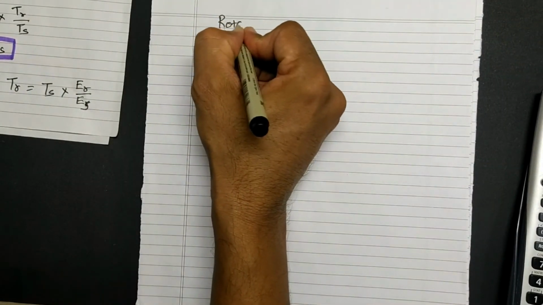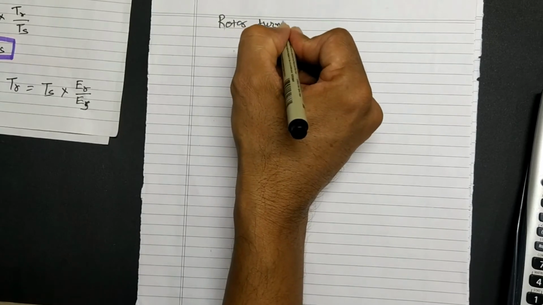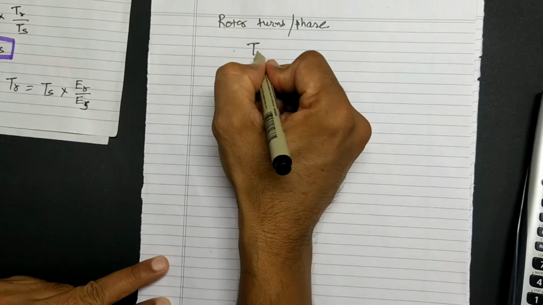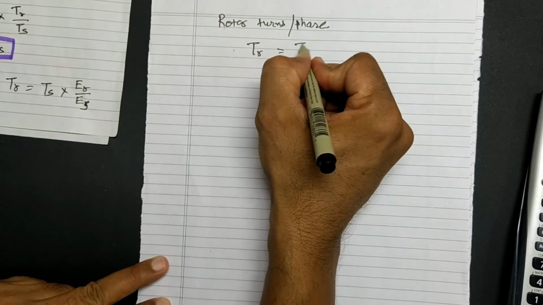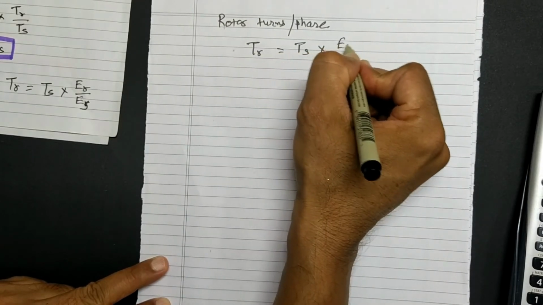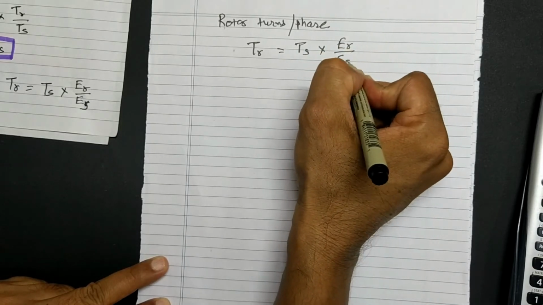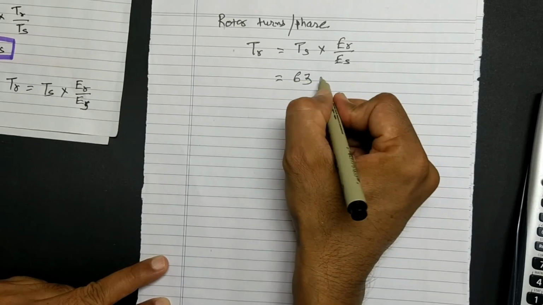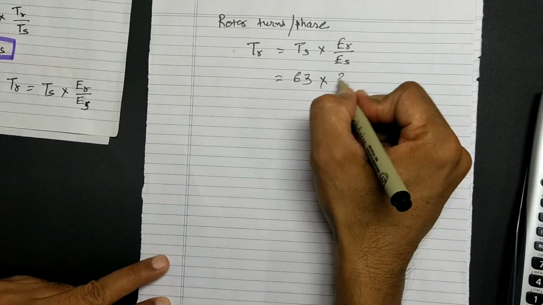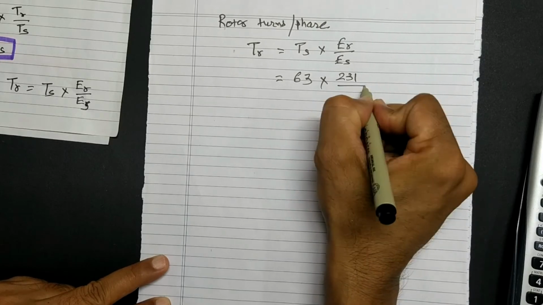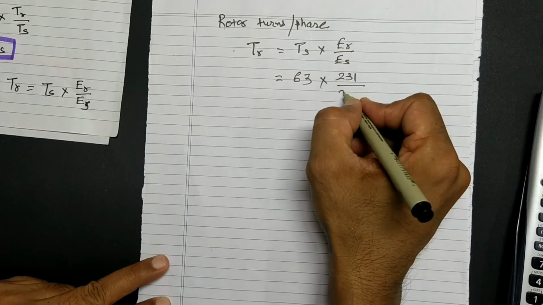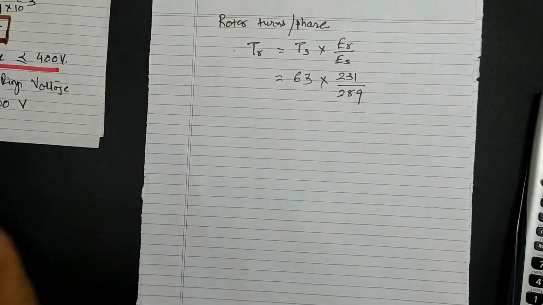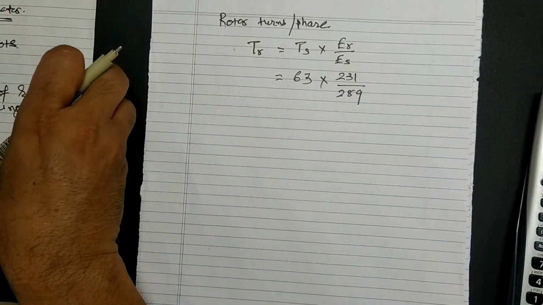So the rotor turns per phase, that is TR, is TS multiplied by ER divided by ES. TS, that is 63, we have calculated. ER is 231, and the stator voltage per phase is 289. So 231 and 289.